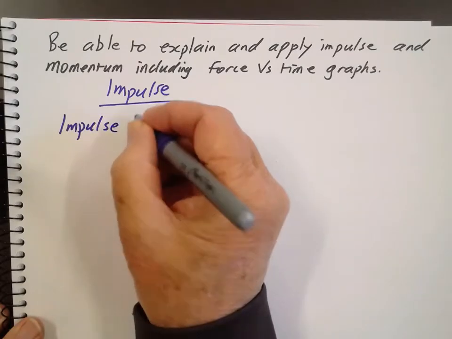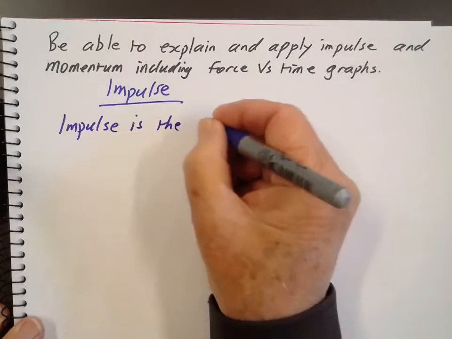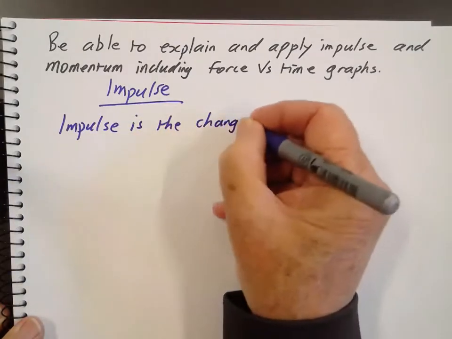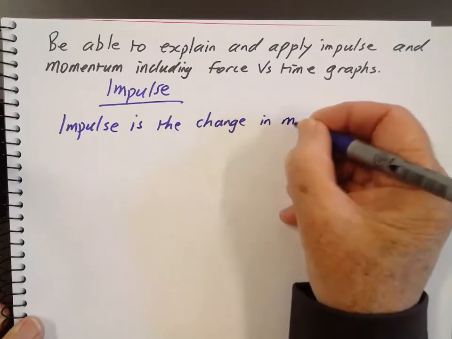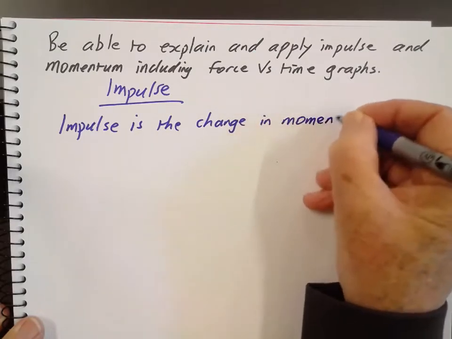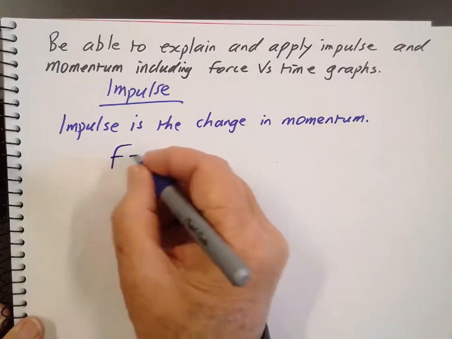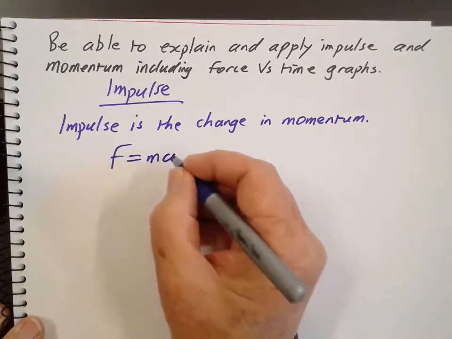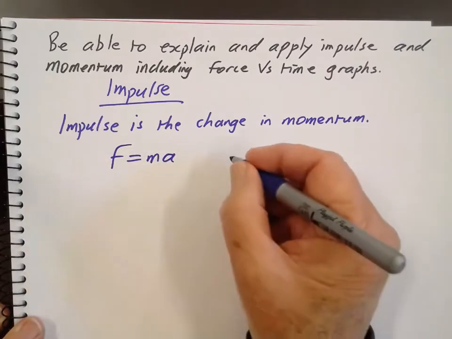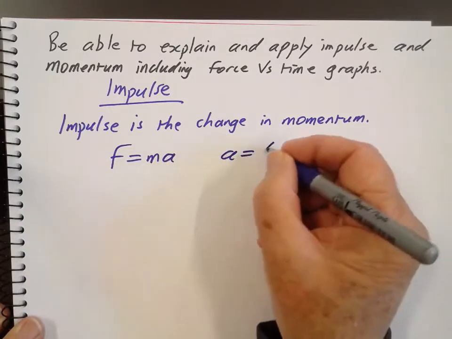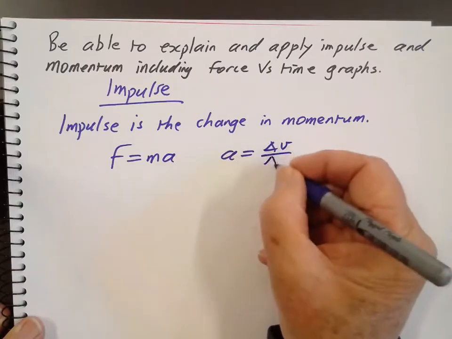So impulse is the change in momentum. Okay, and very easily derived. We already know that F equals ma. We know that a equals delta v on delta t.